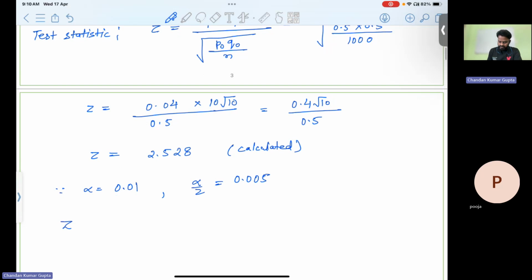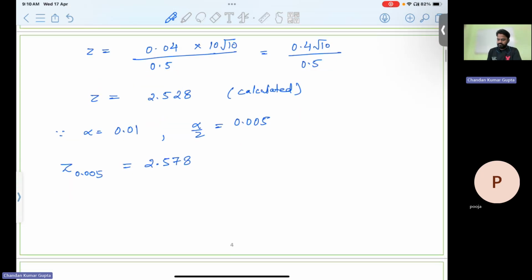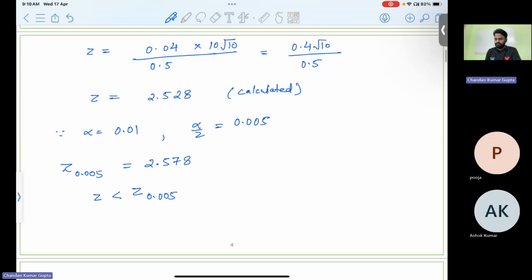Now z at 0.005 is actually 2.578. Here we find that the calculated z is less than z 0.005, that is, the calculated value is less than the tabulated value.